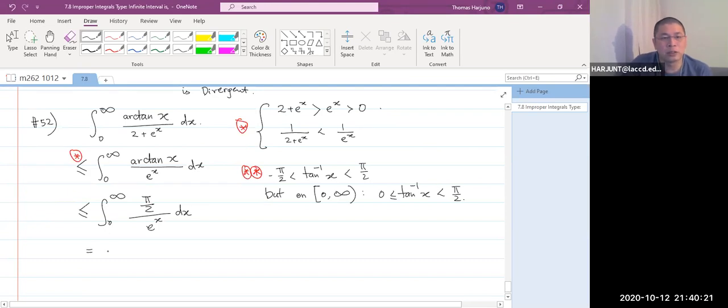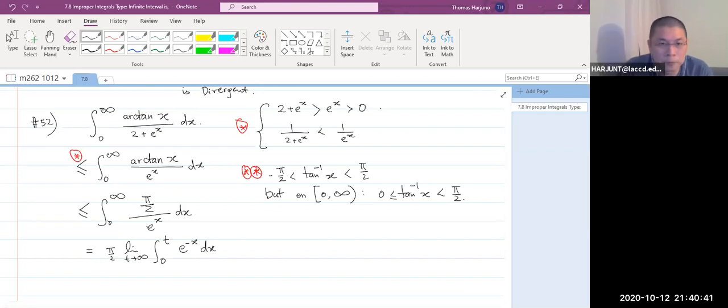Which is pi over 2 times the limit as t goes to infinity of the integral from 0 to t of e to the negative x dx. Now then what you need to do is to show that this limit is convergent.